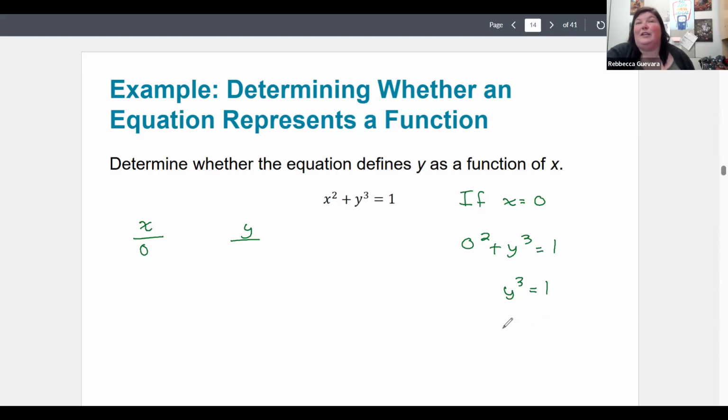So that means the only thing that y can be, if we do a cube root of 1, is that y can only be 1. So in this case, and we could keep repeating this over and over again with different x values, 0 is the easiest, what we're going to see here is this one is a function.